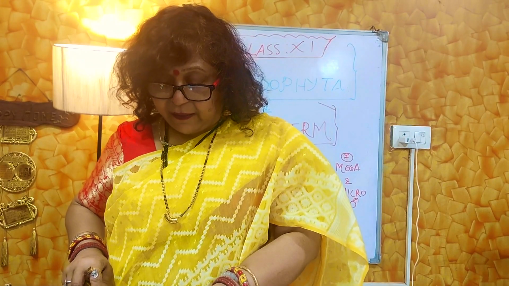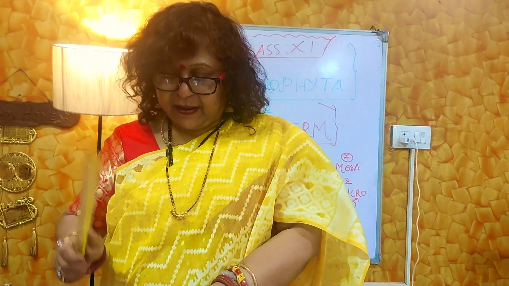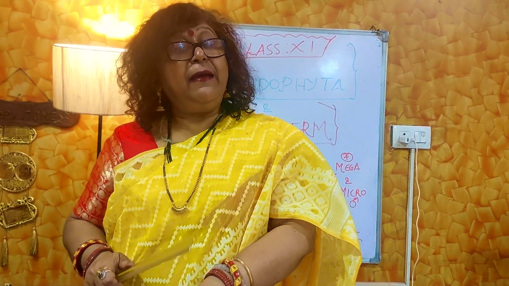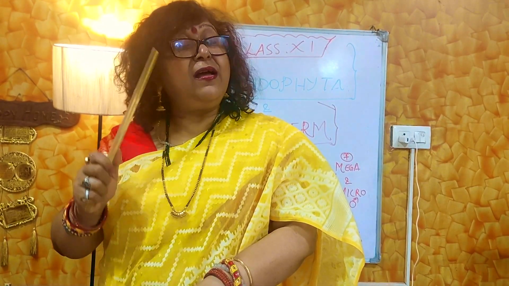Now this zygote develops into a multicellular, well-differentiated sporophyte. Remember, fusion, fertilization, zygote. I take back my words, I'm sorry, it's not gametophyte. It is a sporophyte, because the sporophyte is a very important part in the life cycle of a pteridophyte.